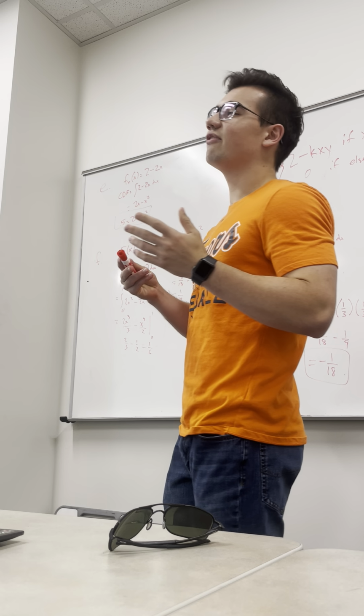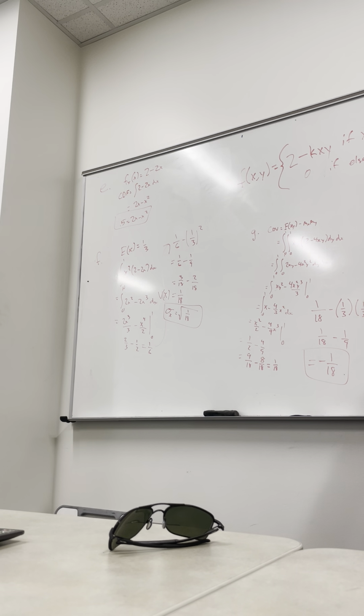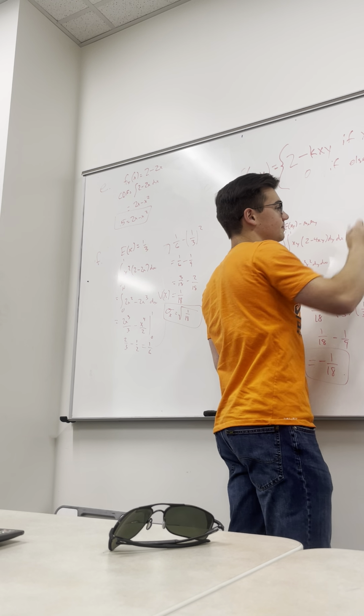The CDF, conceptually, is adding up all the probabilities of x as it goes. It looks something like this, where this is y equals 0 and this is y equals 1.